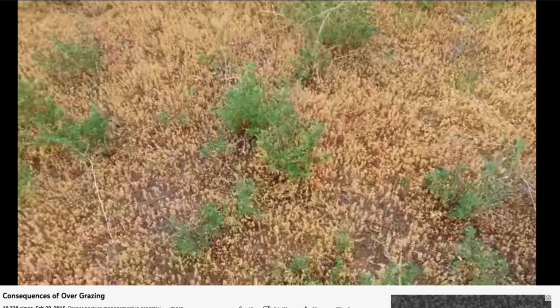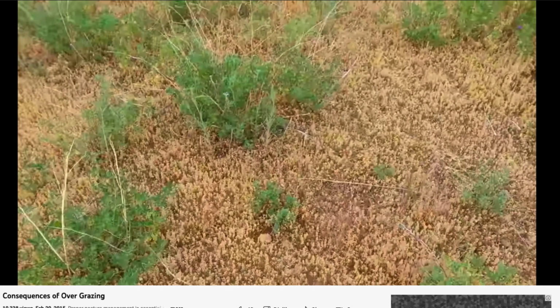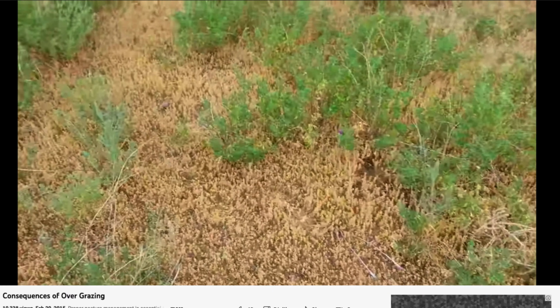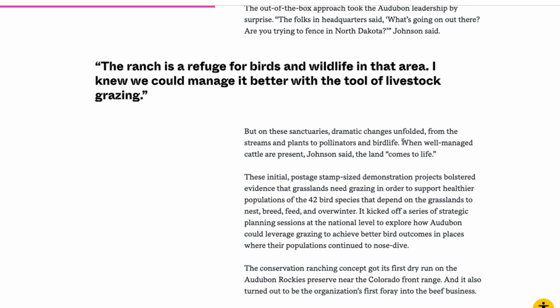The problem is that when poorly managed, cows can be highly destructive, and not every environment or ecosystem can handle them. But when grasses are grazed at the right time for the right amount, they develop thicker and deeper root masses, which hold moisture in the soil and keep it healthy. As Marshall says, when well-managed cattle are present, the land comes to life.